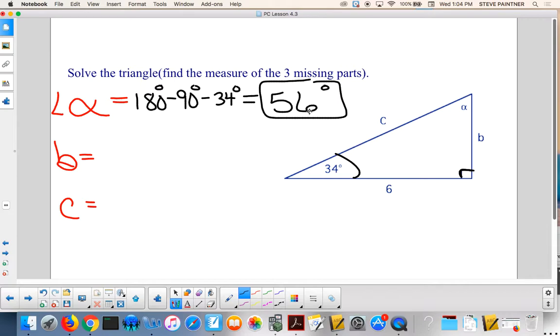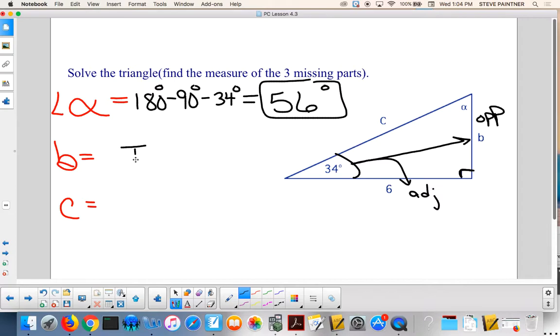All right, let's get B. Now B, you've got to think of your trig functions. You know this angle. You want that side. That side's the opposite side. You know this side's the adjacent side. What function would you use? That's tangent.